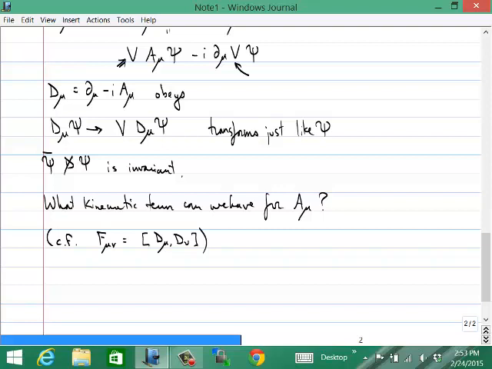So in particular, remember that because D mu psi just picks up a factor of V under a gauge transformation, this is true for any psi. That means that if you acted with two covariant derivatives, you could just evaluate this expression over here where psi is replaced by D nu psi, and you'll see that this guy picks up a factor of V under a gauge transformation.